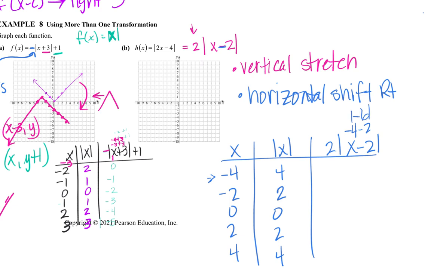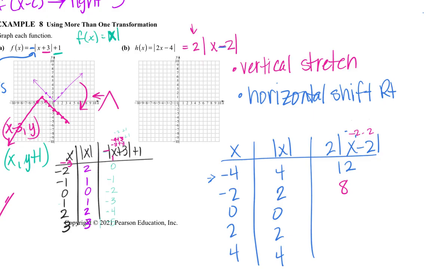The absolute value of negative 6 is 6, and 2 times 6 is 12. And then we're going to do the same thing with negative 2. So negative 2 minus 2 is negative 4, and the absolute value of negative 4 is 4, and 4 times 2 is 8.